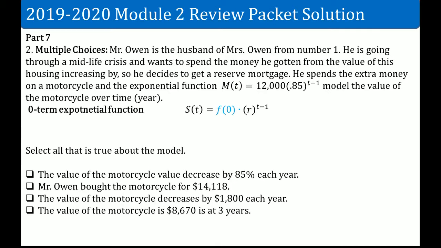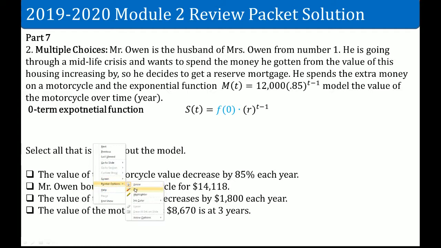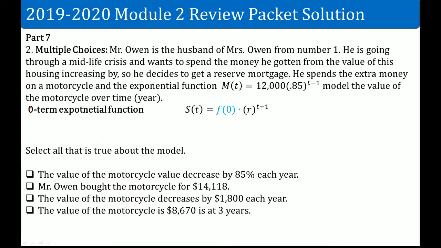Please understand, this is not the zero term. This is the first term explicit. Okay? It is the first term. The reason why it's called the first term is because it's to the power t minus 1.